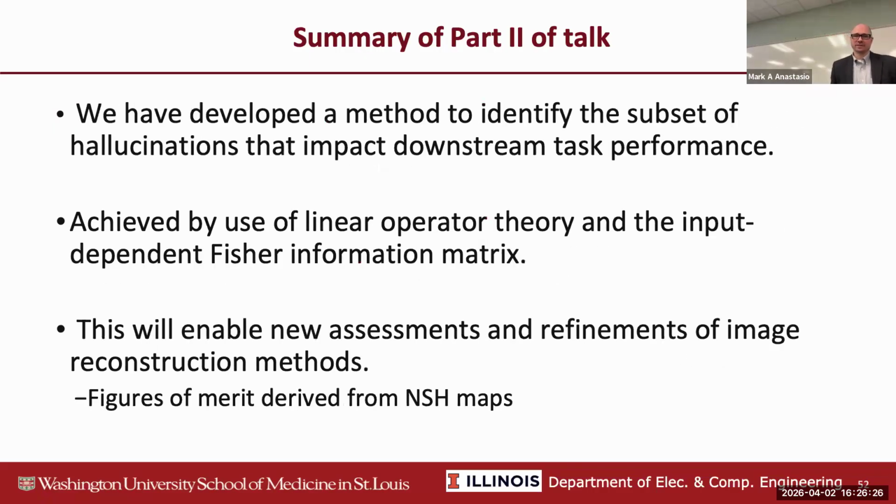So what we've done here is develop a method to identify the subset of hallucinations that impact downstream task performance that you could subsequently analyze, and this might form the basis for other types of quantitative analyses. We did this by using the interpretability method I showed in the first part of the talk, where we introduced the input-dependent Fisher information matrix and defined an explicit sensitivity subspace. That was the enabling technology here.